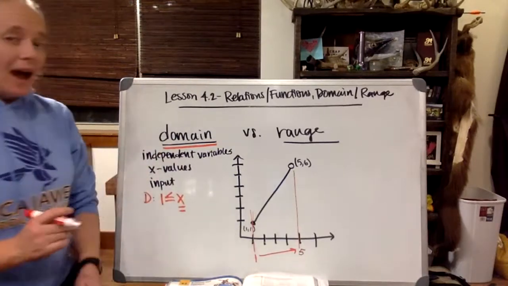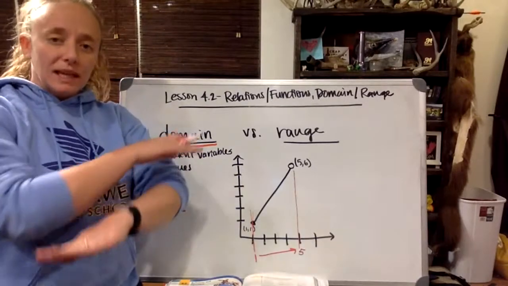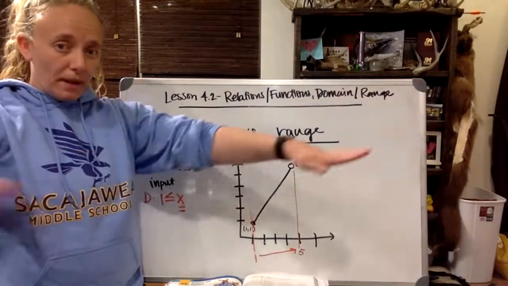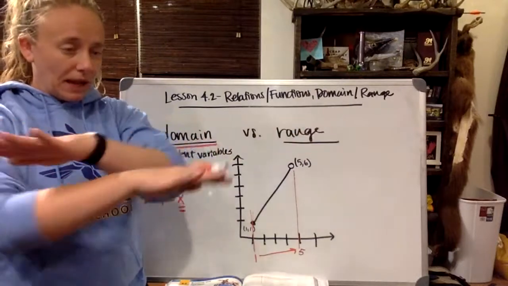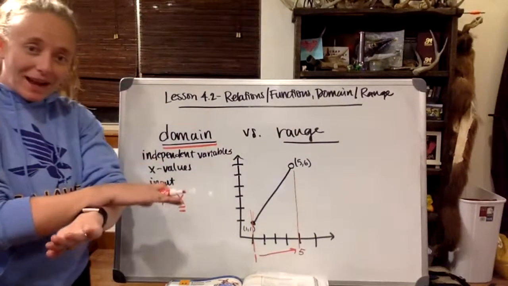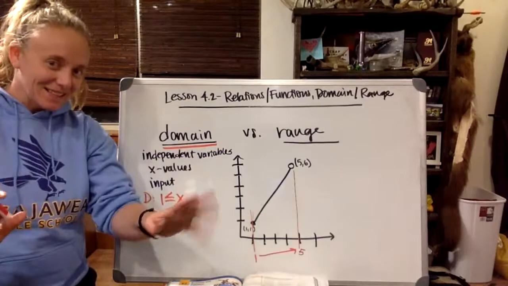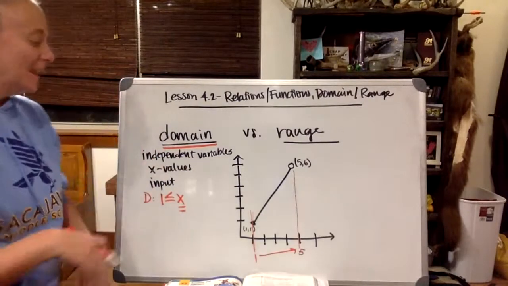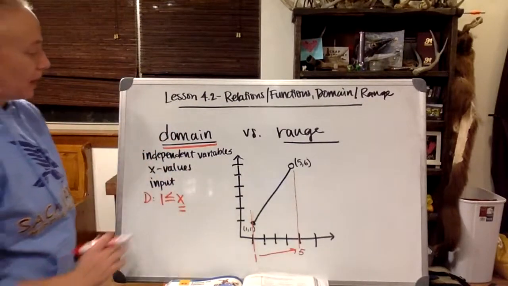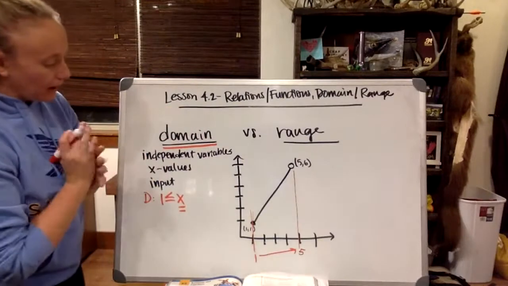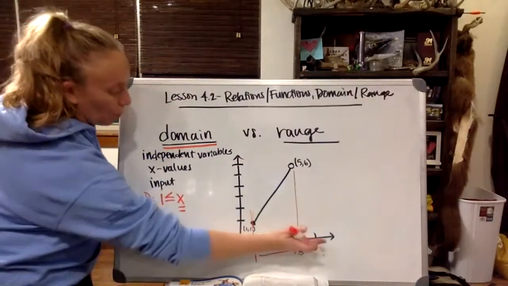Domain, in terms of that, I also like thinking about kings and queens. Kings and queens rule a domain, and so they're talking about all the land, typically. We all know that x is on the ground, pirates, kings and queens, it all kind of goes together, right? So x is on the ground, y goes up and down. Domain is the domain that we were ruling, so we're talking about horizontal stuff.